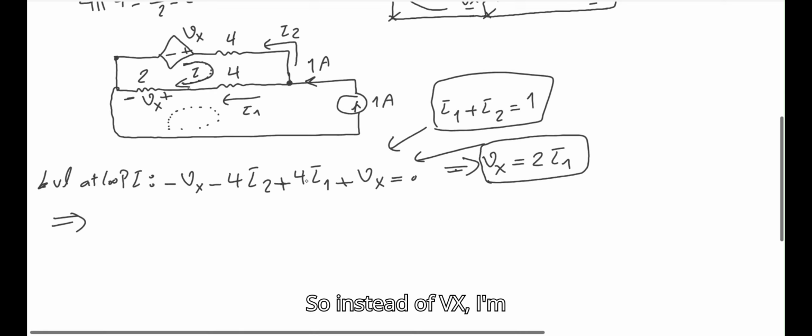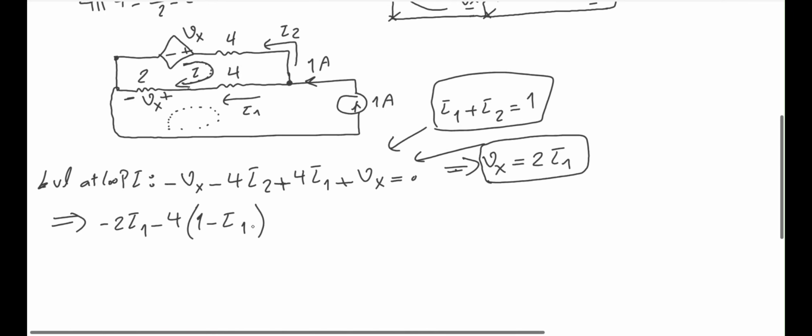Instead of Vx, I'm going to write 2I1. So minus 2 times I1 minus 4 times, instead of I2, I'm going to write 1 minus I1, plus 4 times I1 plus Vx, which is 2 times I1, equals 0.